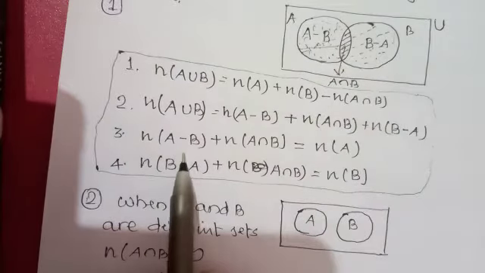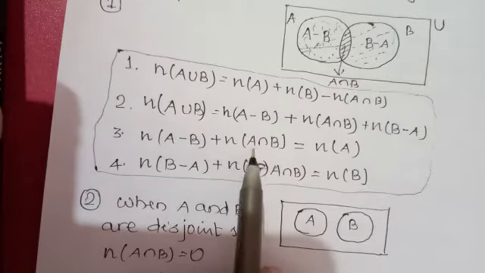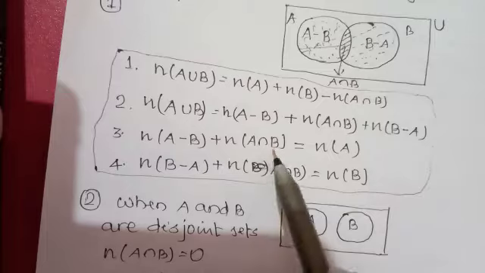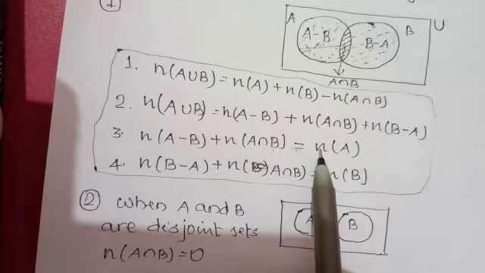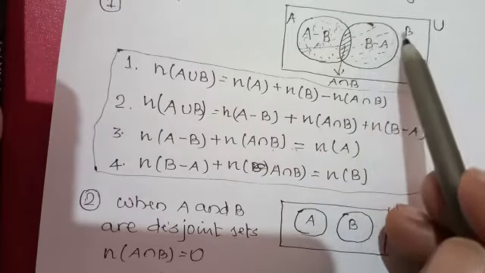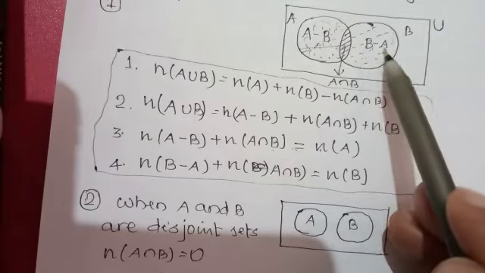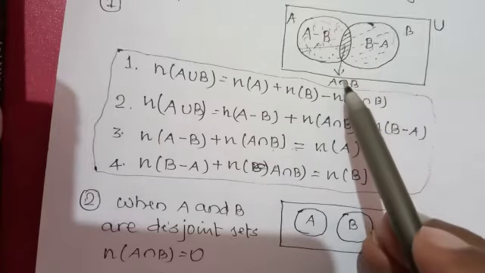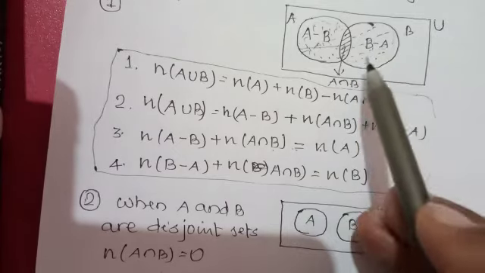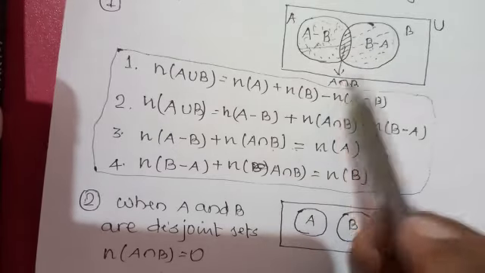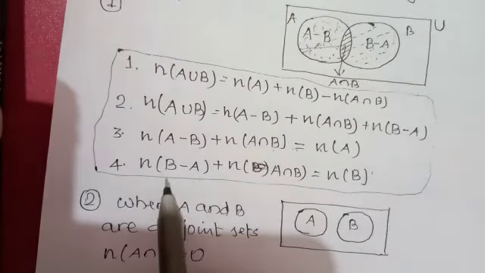Similarly, this is set B. B contains two different parts, one B minus A, another A intersection B. So n(B minus A) plus n(A intersection B) will be n(B). This is the next formula.